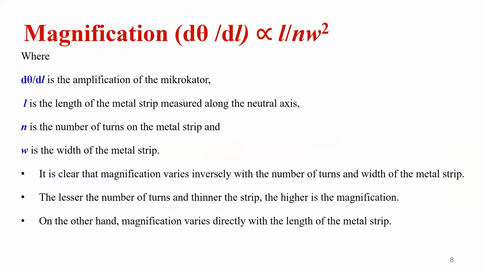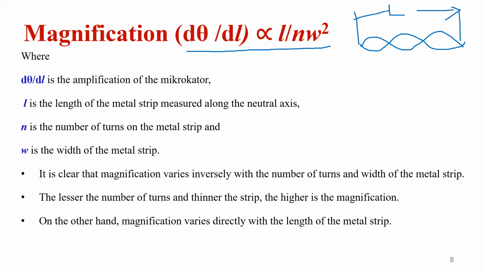And the magnification of the microcator is given by the relation d theta by dl is directly proportional to L divided by N into W square, where L is the length of the twisted strip, N is the number of turns, 1 turn, 2 turns, 3 turns like that, and W is the width of the strip.